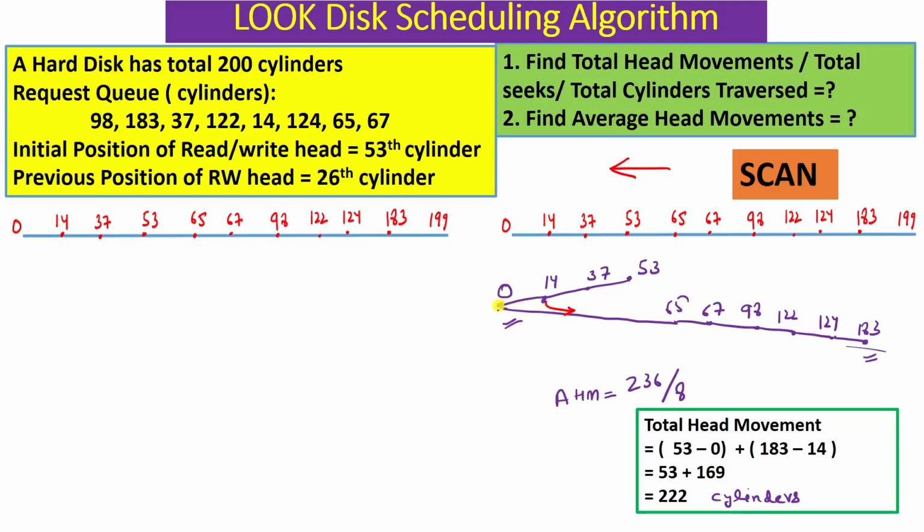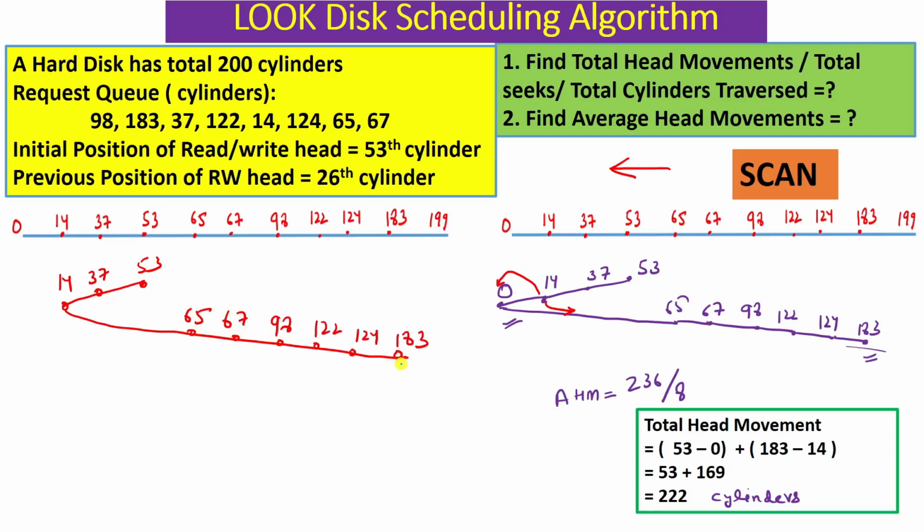We will not go to this end cylinder, and then we will complete 65 through 183, as we did in SCAN. So we are not going from 14 to 0. From 53 we are just going to 53, 37 and 14, and then we change the direction and simply traverse all the requests as we have done in SCAN, 65, 67 and so on.